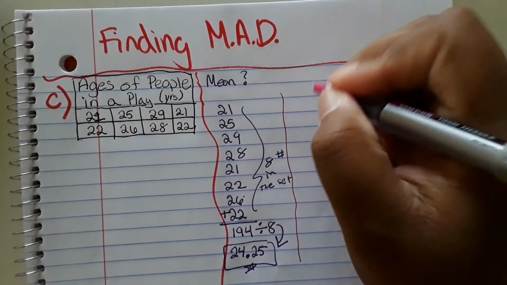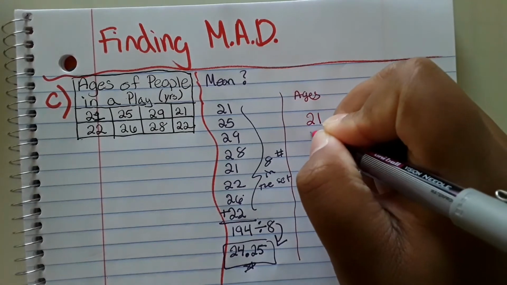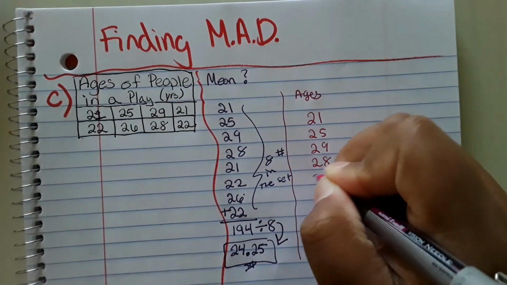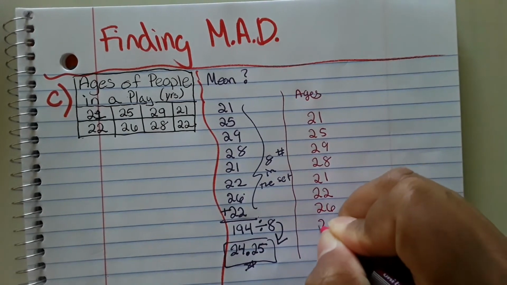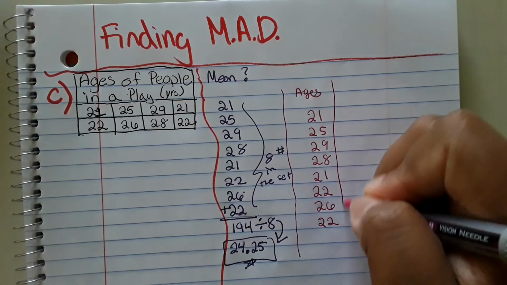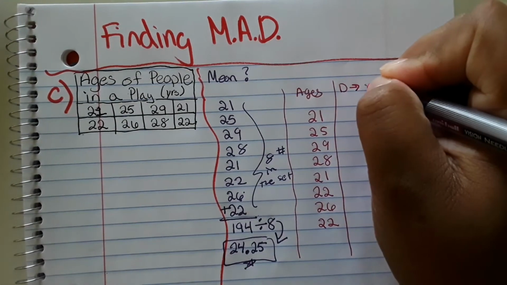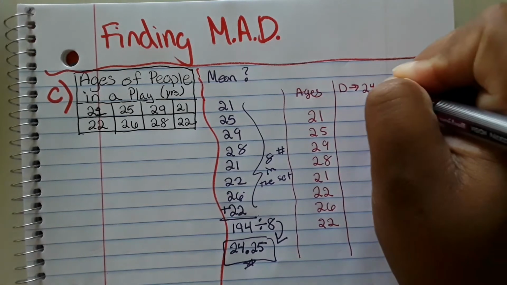We have our ages. So that would be 21, 25, 29, 28, 21, 22, 26, and 22. And we want to know their distance from our mean, which is, in this case, 24 and 25/100ths.